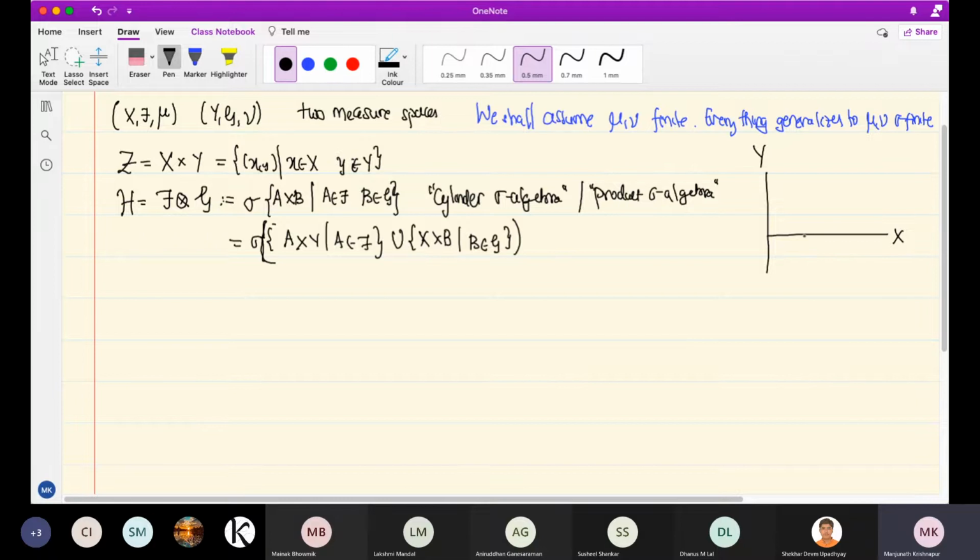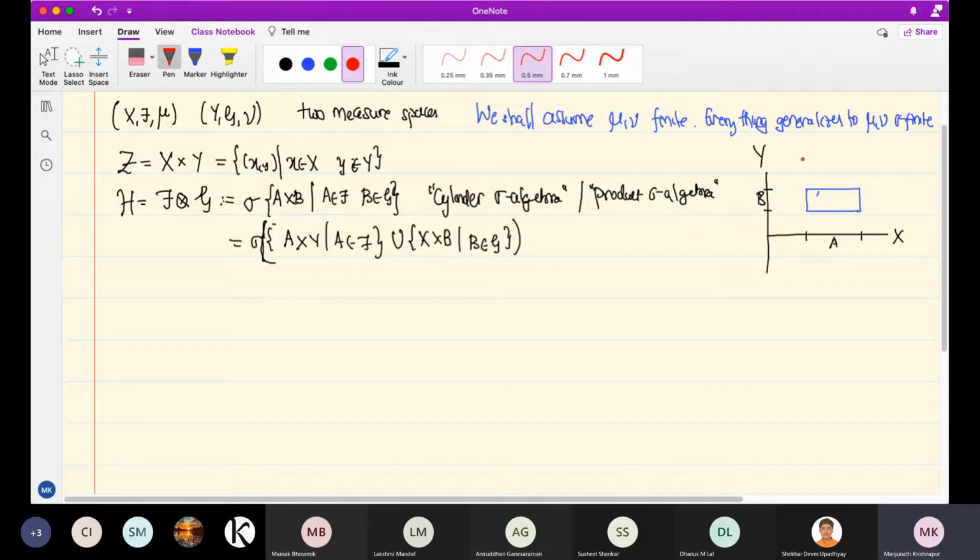If I take a set A, let's say this set, and B is a set on this side in Y, then A cross B is this rectangle. This is the product set, and we call it the product sigma algebra because it is generated by all those rectangles. But if you look at A cross Y, what is it?